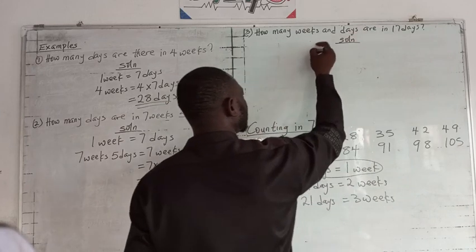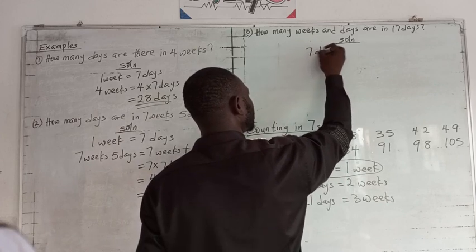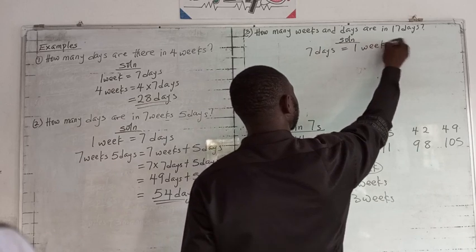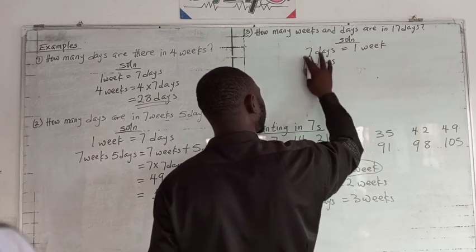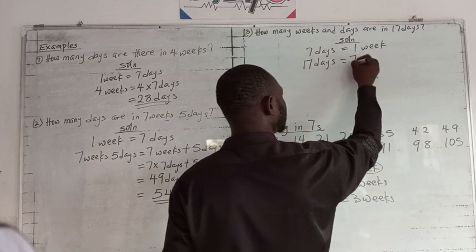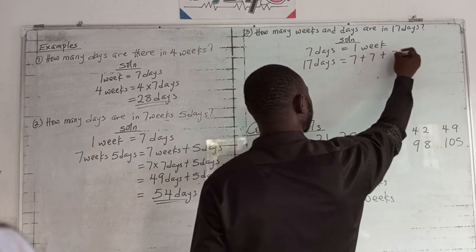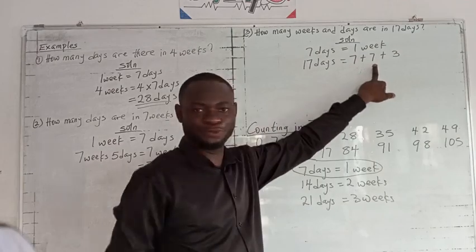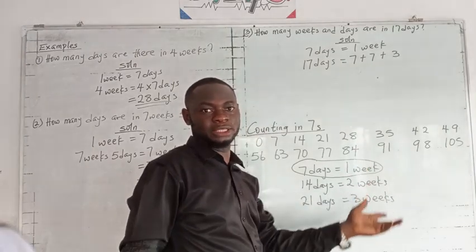Remember, 7 days makes 1 week. Now, 17 days will now be what? You can separate them: 7 plus 7 plus 3. Remember, 7 plus 7, 14. 14 plus 3, 17, right?